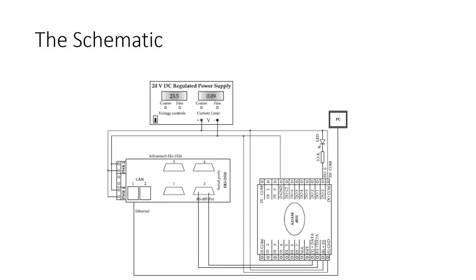Now the schematic looks like that. From the PC end you can see it is connected to a LAN port which has an IP address, and then port 2 has two wires coming out from the EKI1524 that are connected to the 4055 RS485 inputs, called data plus and data minus.